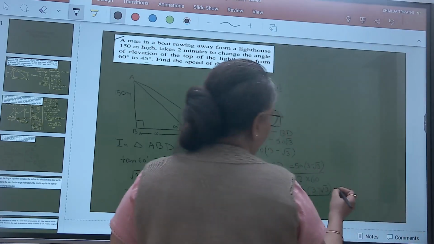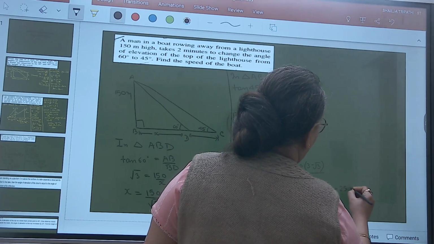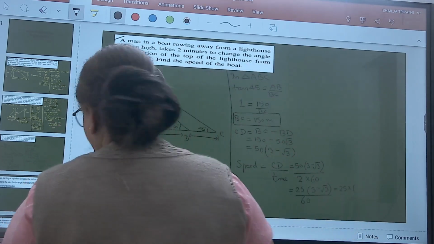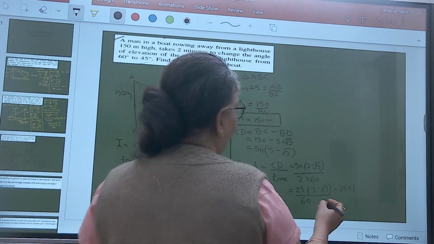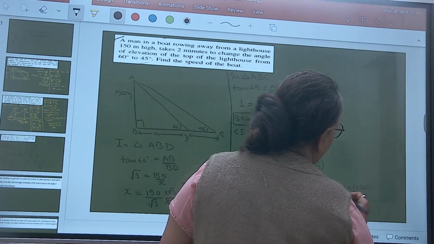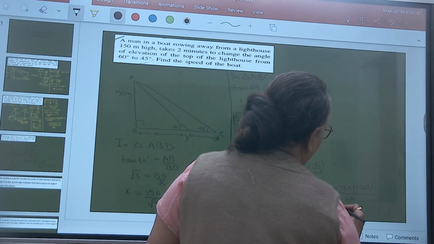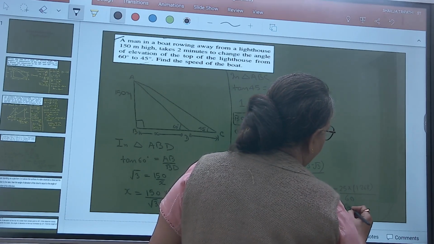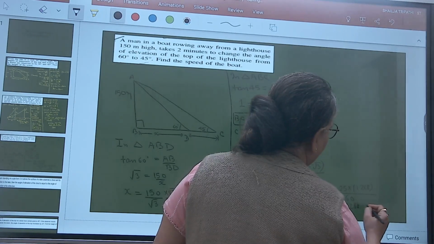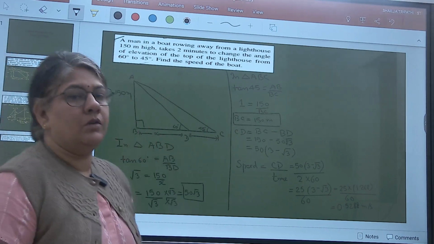On solving this we get 25 into, 3 minus root 3 comes out to be 1.268, divided by 60. You solve this, you will get the answer 0.52888 meters per second. So this is the answer for this question.